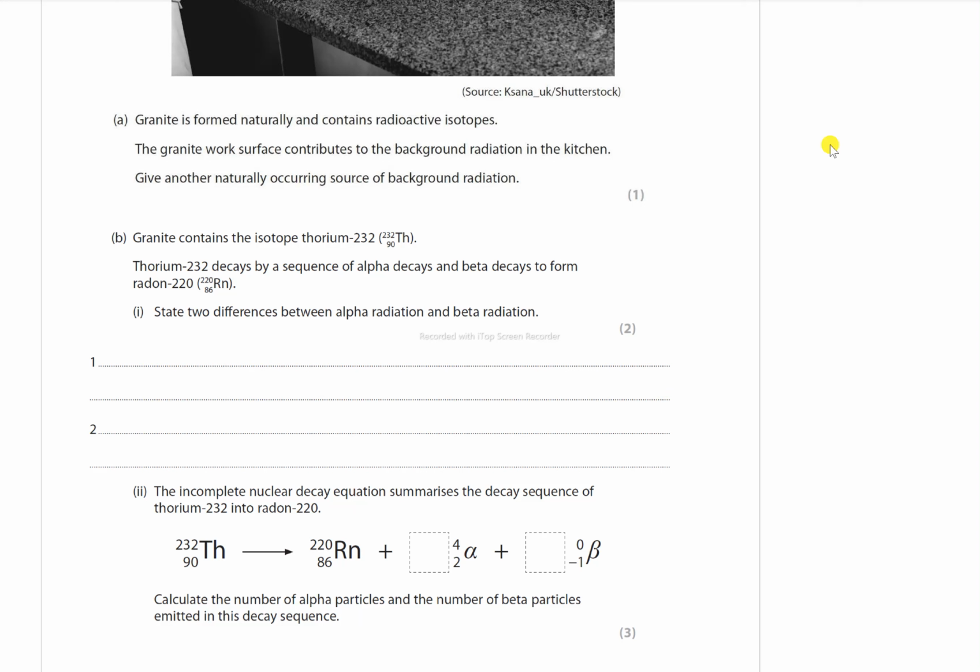The most obvious one that I know is the sun, radon gas in the air. Some rocks can be radioactive. You can have nuclear waste, nuclear accidents. But look, stick to these.